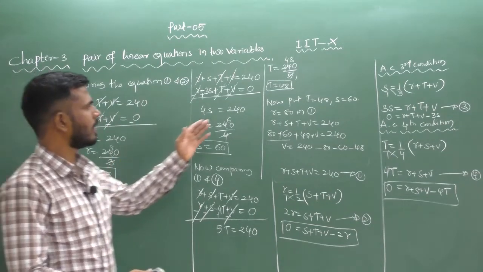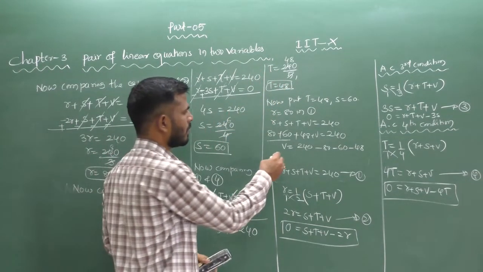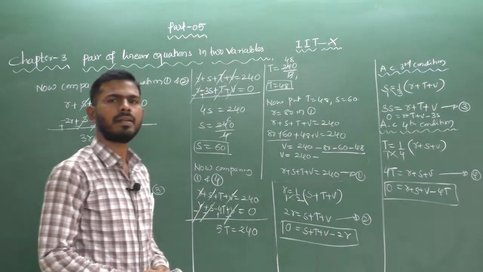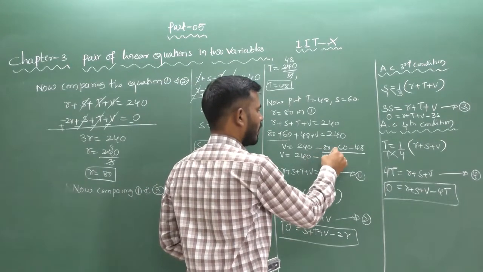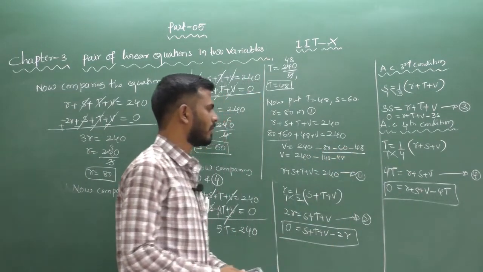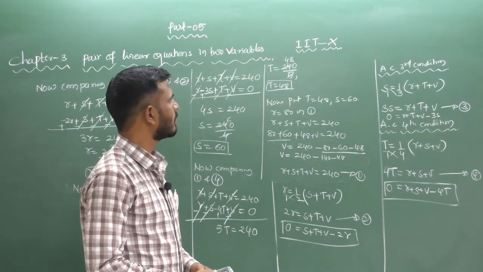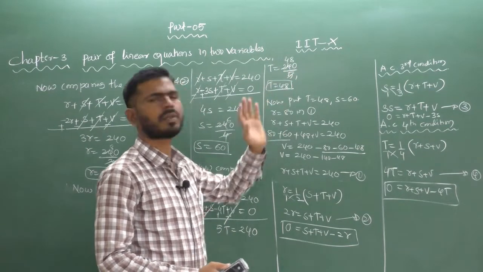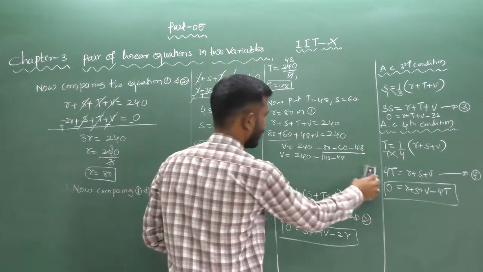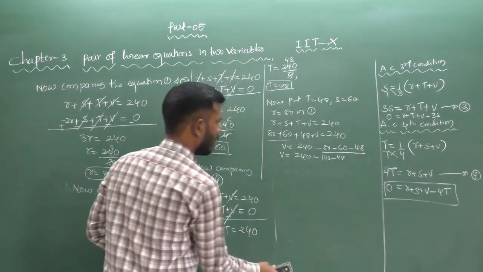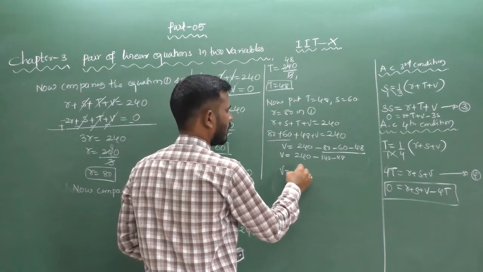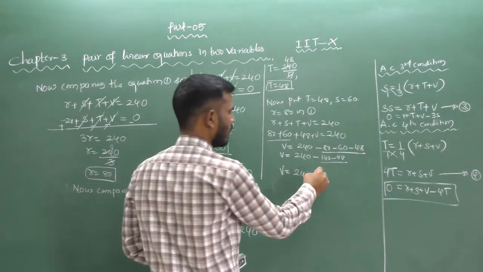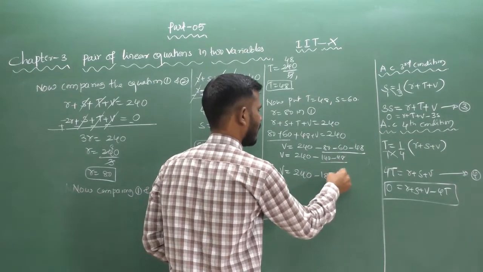These are all minus, so just add: 140 plus 48 is 188. Correct. Next simplify: v equal to 240 minus 188.